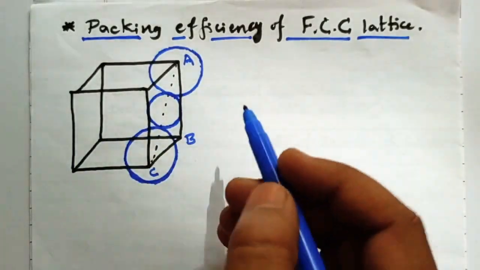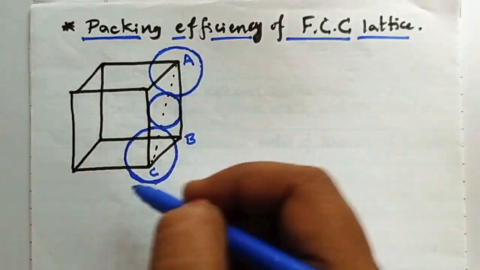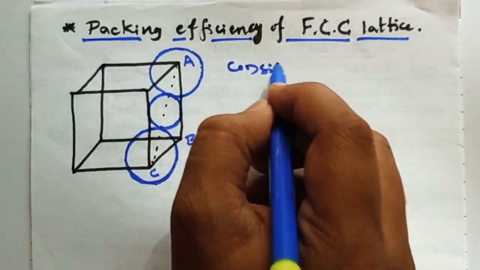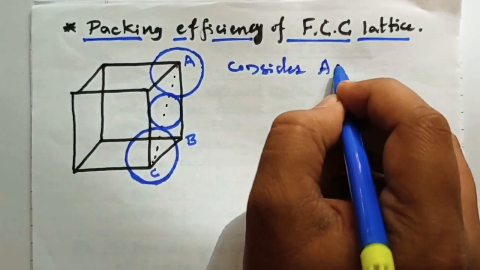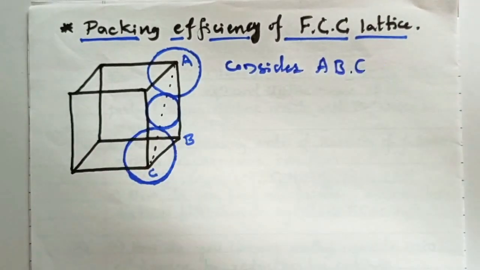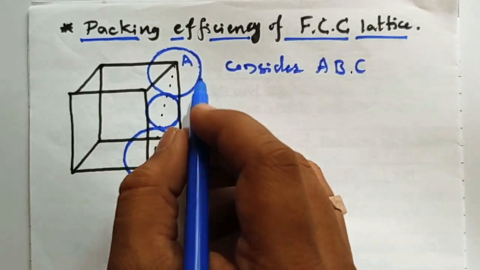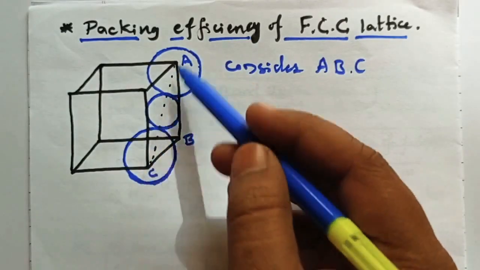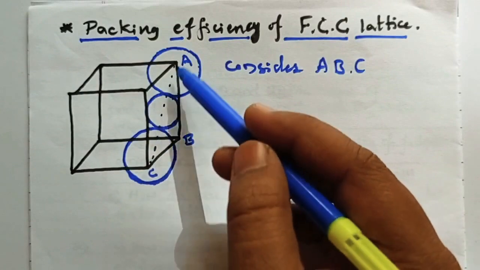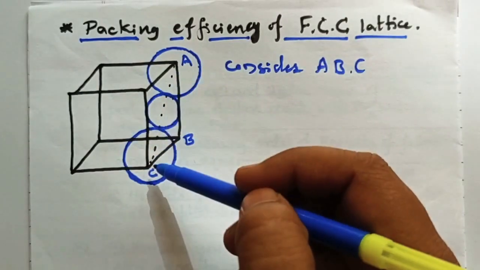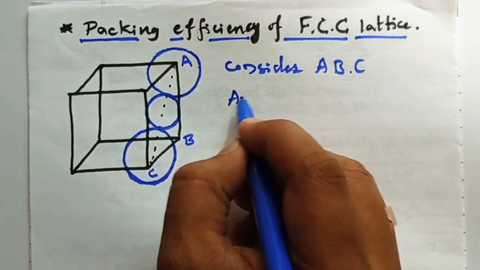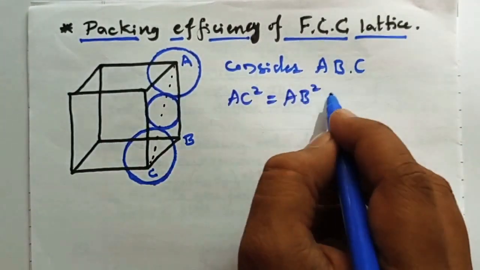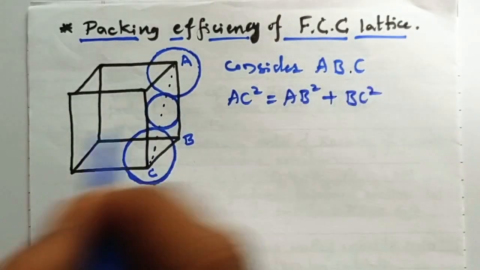So consider triangle ABC, and here according to the Pythagoras theorem we have to find AC square. AC is the face diagonal. AC square is equal to AB square plus BC square.